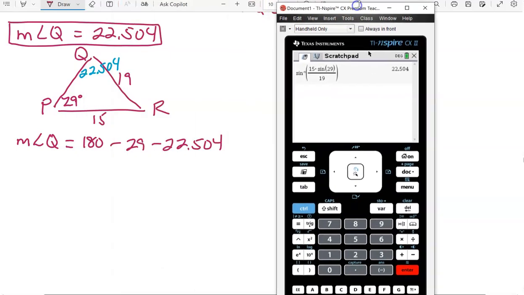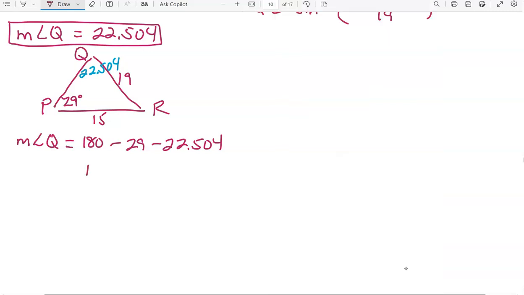Now that we're going to do that calculation, 180 minus 29 minus, and realize that we have a rounded answer there. So I'm either going to go up here and grab that number or just use the answer feature, whichever one's easiest. That'll give us our third angle, which is angle R, actually, is 132.496.